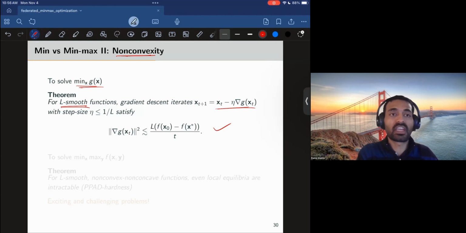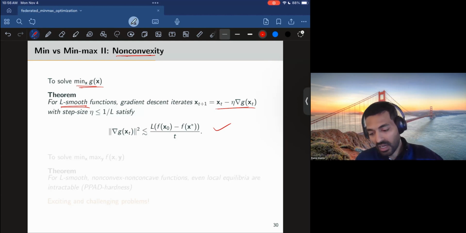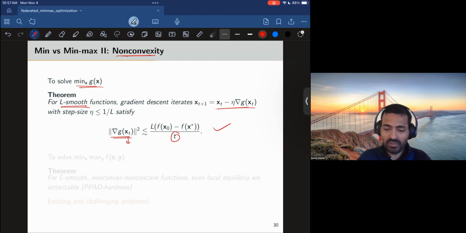You need complexity which is exponential in the dimension. So the best thing people hope for is achieving a stationary point where the gradient is small. And it turns out with gradient descent, you can achieve that, meaning that the gradient norm squared at a specific iteration reduces as 1 over t, where t is the number of iterations, right? So let's see what happens when we go to min-max problems.